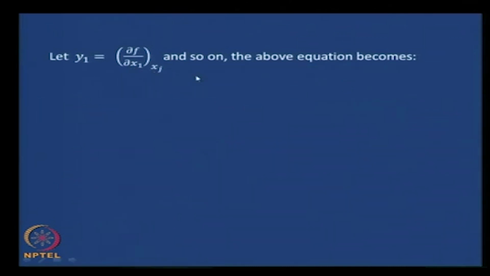If we do that, then we can write the previous equation as df equals y1 dx1 plus y2 dx2 and so on till yk dxk. Let us call this equation 2.24.